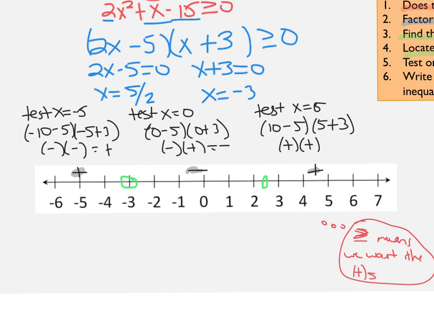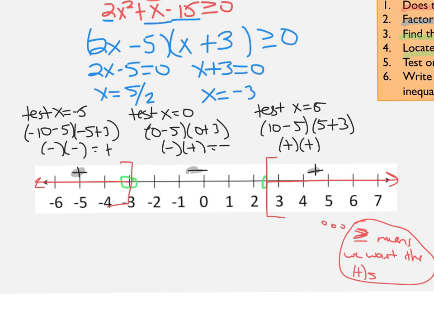Okay, and because it's greater than or equal to, we're going to use a straight bracket. So notice we have a plus sign, everything's smaller than negative 3, so we'll use a straight bracket. And we have a plus sign, everything larger than 5/2 or 2.5, and we'll use a straight bracket there.